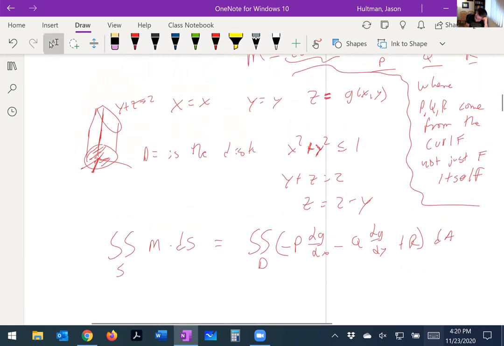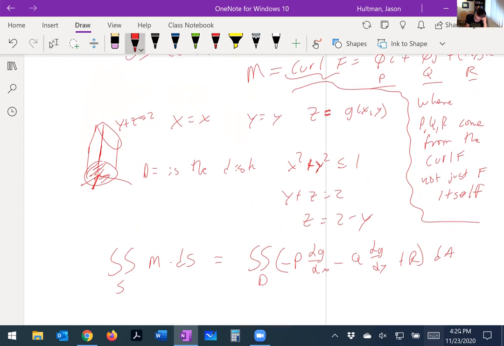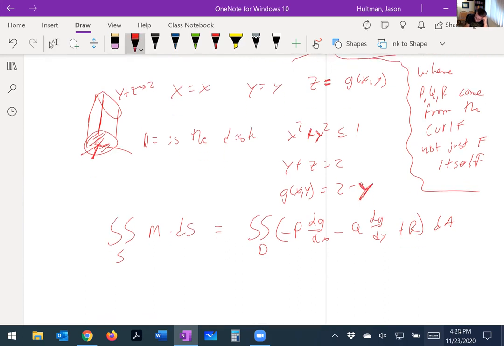So what's z in this case? What's g of x, y? Well, g of x, y is 2 minus y. If I take the partial of that with respect to x, I get 0. And P is also 0, so it's negative 0 times 0.